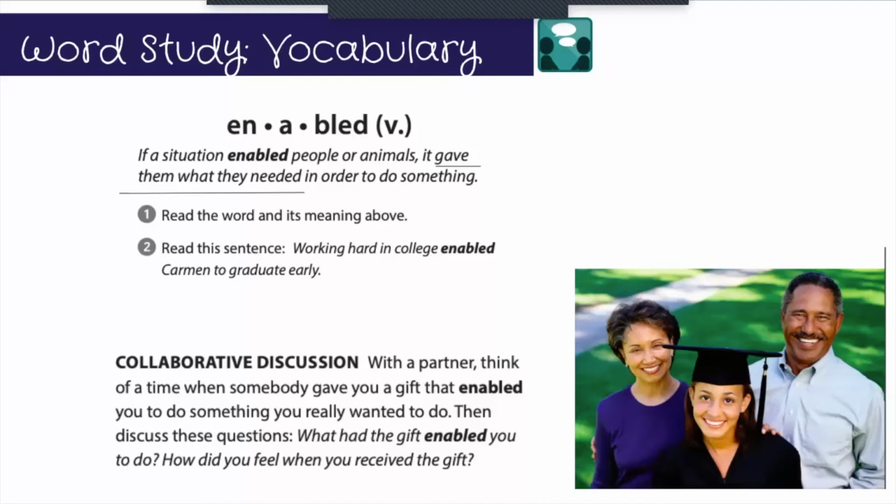Go ahead and underneath your meaning column next to the word enabled, we're writing our definition. Gave them what they needed. Go ahead and hit pause. And when you're ready to continue, we're going to get started with our lesson for today.